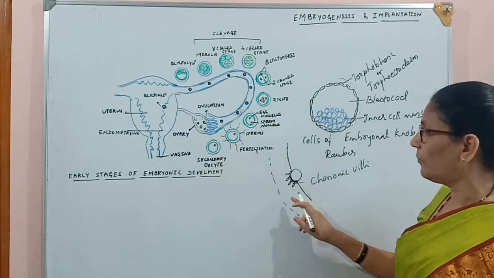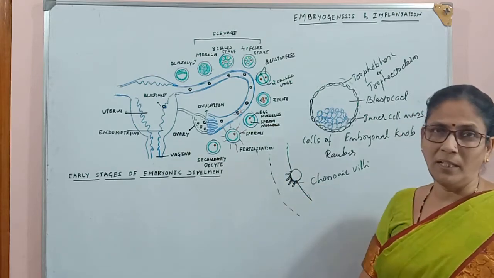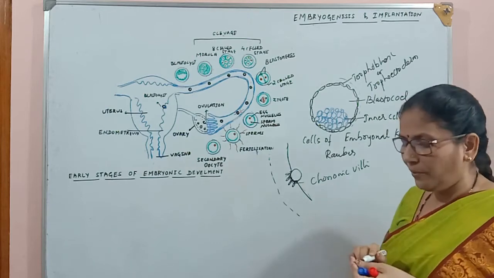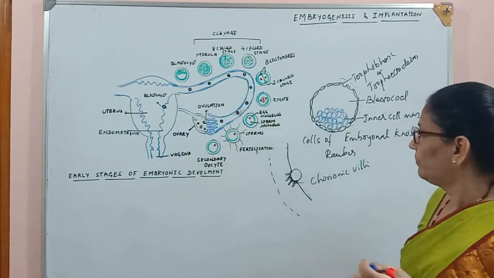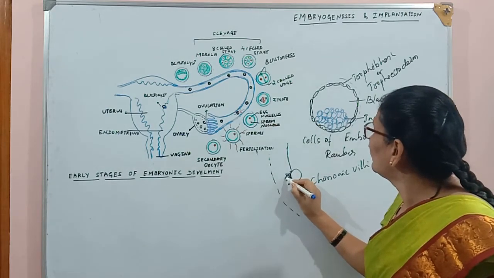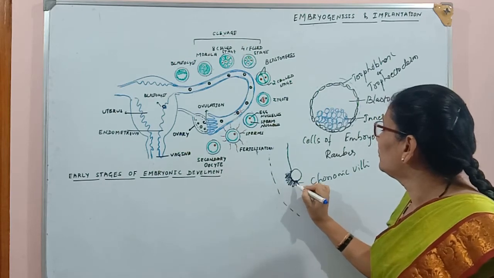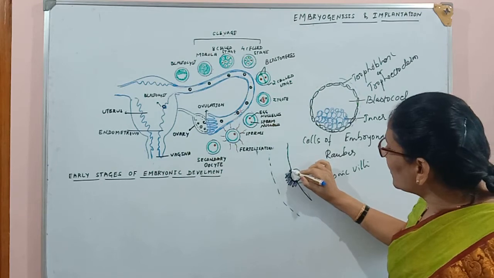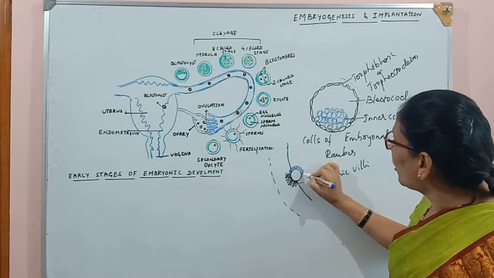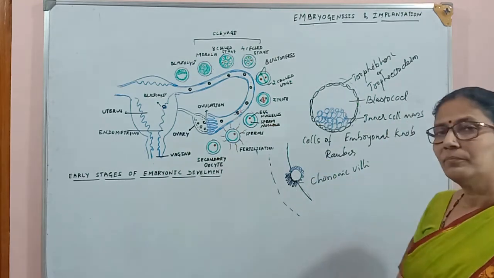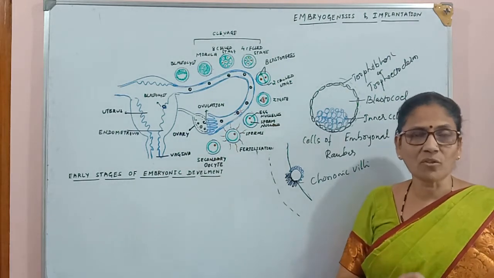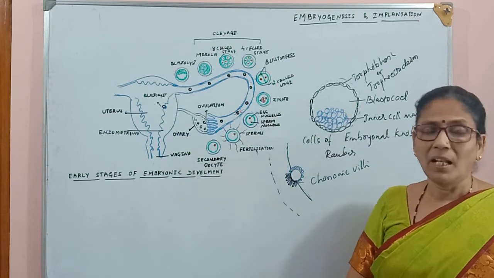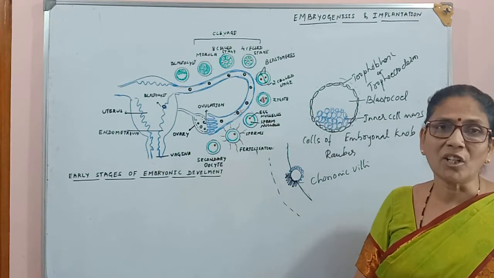At the same time, the endometrium wall layer or uterine tissue also interdigitates between these finger-like projections, and these cells also produce a layer around the blastocyst. In this manner, the blastocyst is buried in the endometrium wall. And this we call implantation.